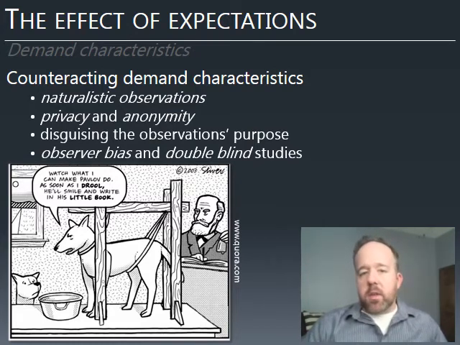So that is, neither the participant nor the experimenter knows whether the participant is in the control or experimental group. So that way, the observer doesn't even know what behavior by the participant would confirm or disprove the hypothesis. So they can't affect behavior, at least not in a systematic way that would alter the results.